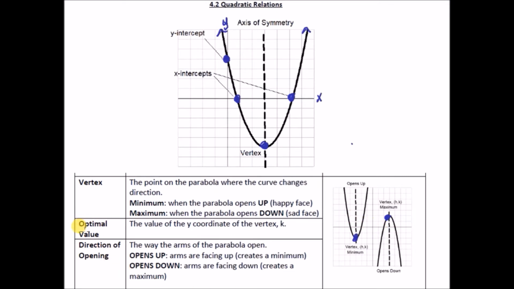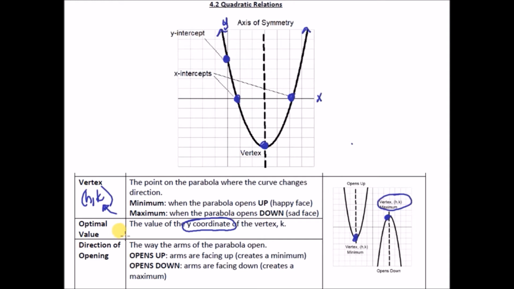Okay, this is also called the optimal value. So the optimal value is actually the y coordinate of the vertex. So for the vertex, we label it h comma k, and I wrote it in the diagram. Okay, so the optimal value is just that k value.